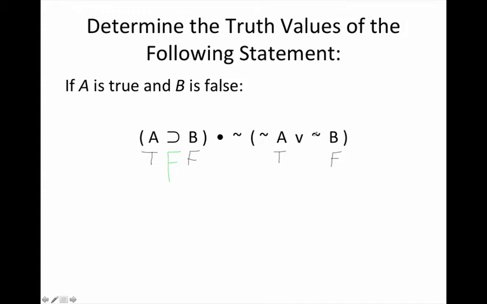Okay, next, tilde false is true, tilde true is false. We really only need to know that one of the disjuncts is true in order for the disjunction as a whole to be true. And then when we look out here, we see that dot is the only connective that's bringing together two statements, whereas what this tilde governs is all inside of this parenthetical.